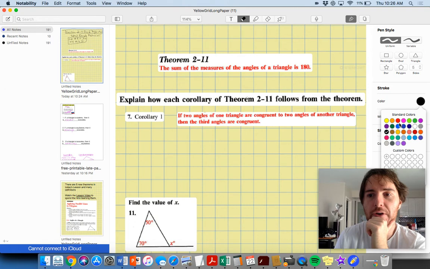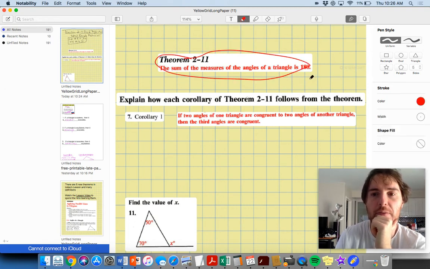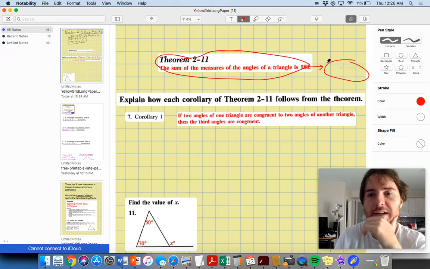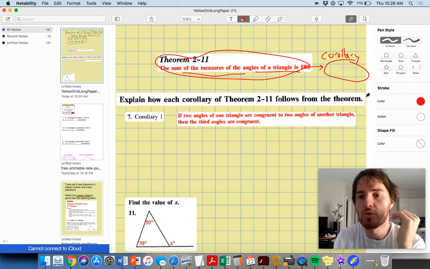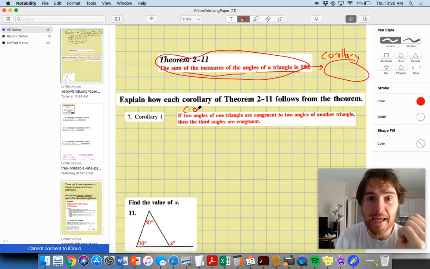Okay, so remember, if we have a theorem, and then we want to get something to follow from it really quickly, like 1 step, 2 steps, 3 steps, we're trying to get something to follow with it, that would be called a corollary. So if we can string together 1 to 2 to 3 more reasons on top of this theorem to justify another fact, we're going to call that other fact a corollary.